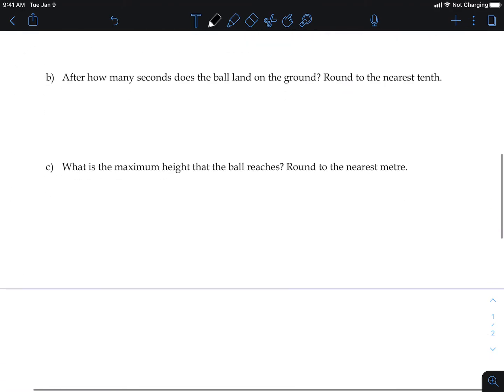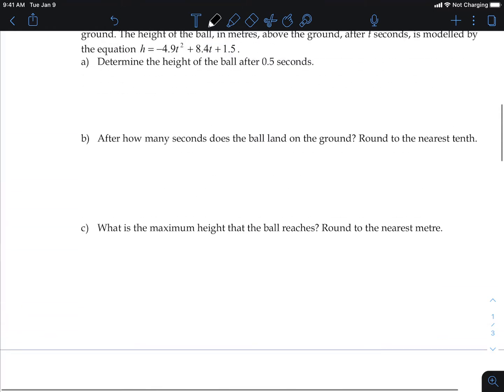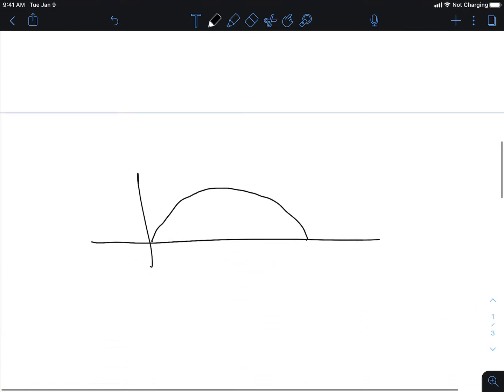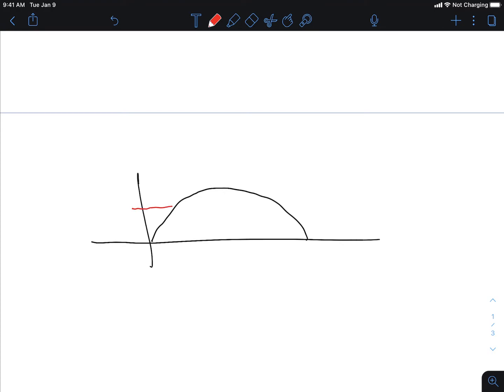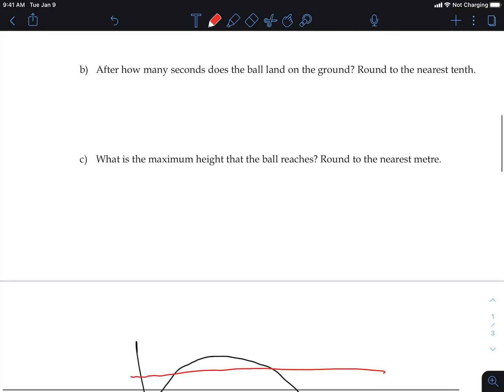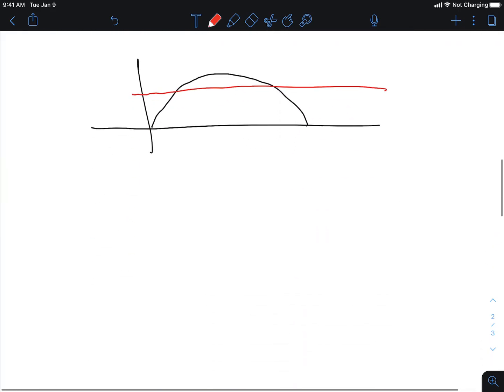If I skip down here for a sec, you guys don't have to draw this, but here's my grid, right? Football gets kicked. It goes up and comes down. Let's say I drew a horizontal line at 3.15 meters.